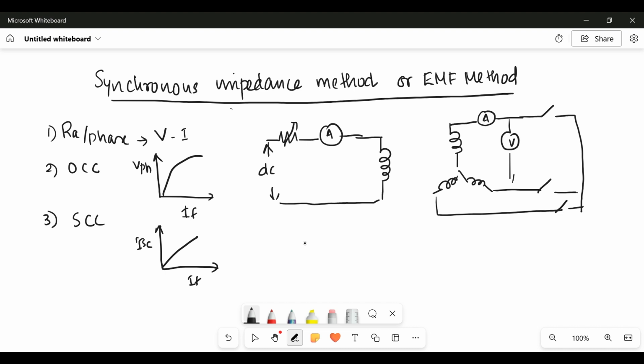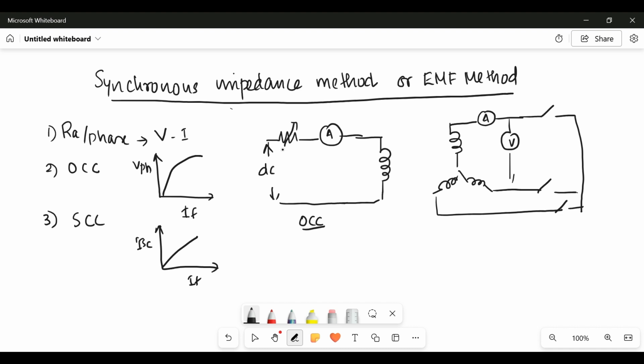In order to obtain the open circuit characteristics, first using the prime mover, adjust the speed of the field of the alternator to synchronous speed. Then keeping the rheostat of the field circuit in maximum position, switch on this DC supply. And since it is open circuit characteristics, the TPST switch should be in open position.